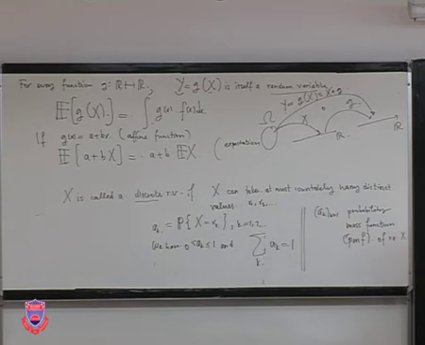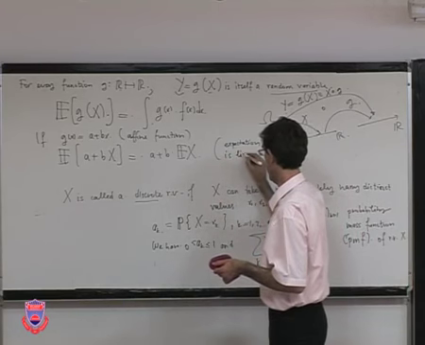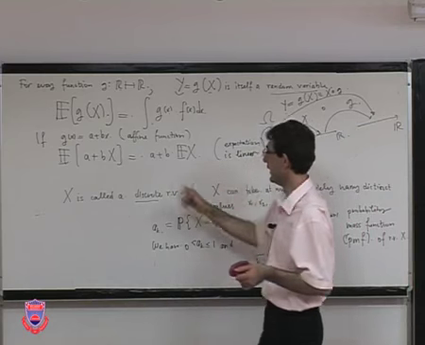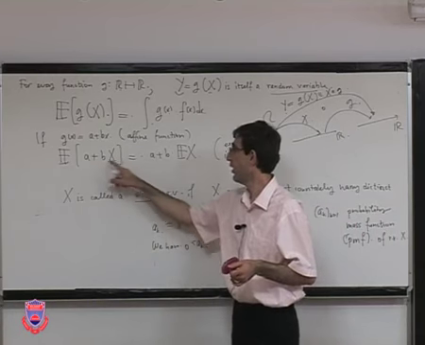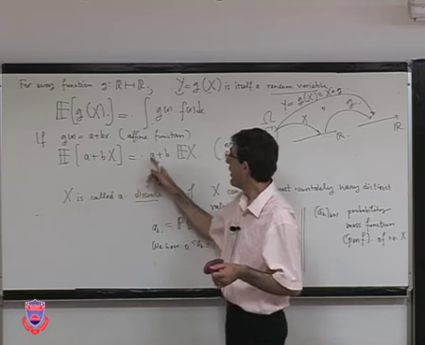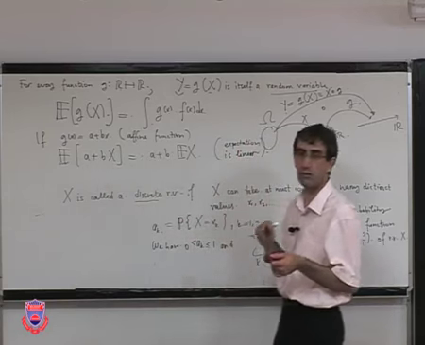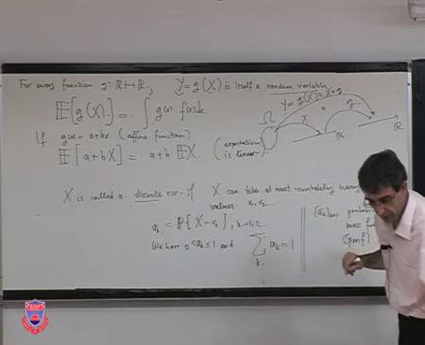It operates on whatever is standing on its right. It is linear. It skips the constant that you add, it goes out, and doesn't care about the constant you multiply with either. It just moves ahead like this.